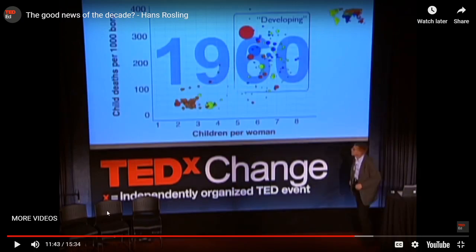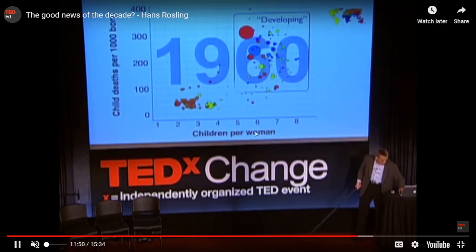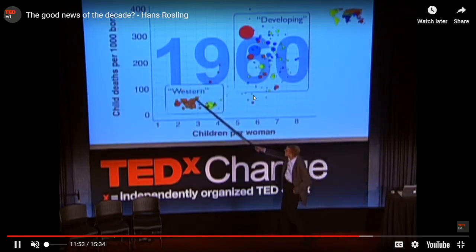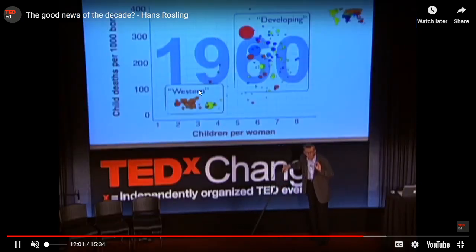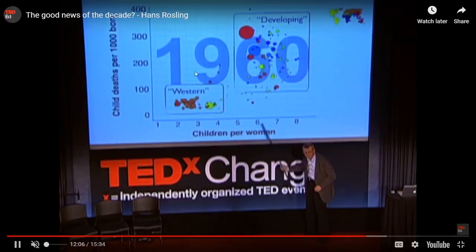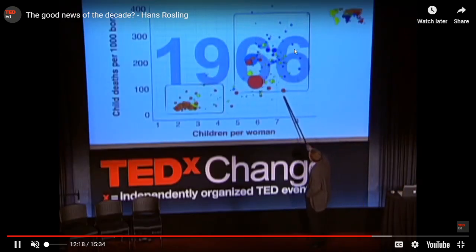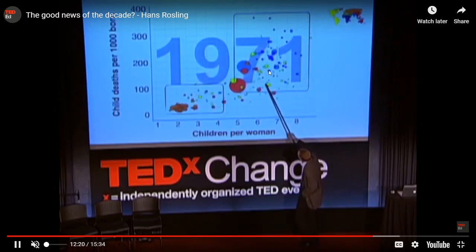Okay, let's take a look at this video. Now he's playing the video. It started in 1960, and it says the Western world. The Western world is Europe, North America, United States, Canada. That's what they consider the Western world. And then you have information on developing countries up here. Notice as the years go by, this is number of children per woman.